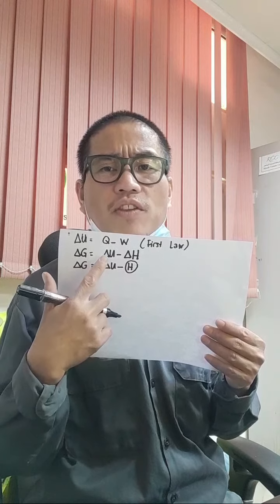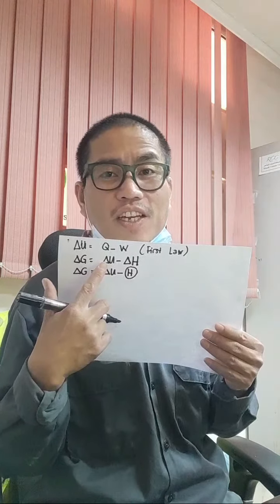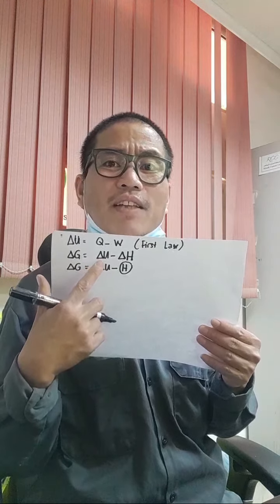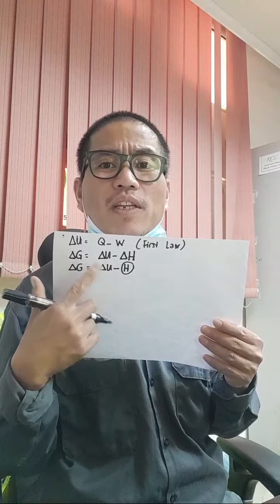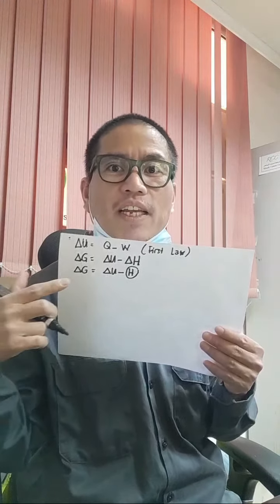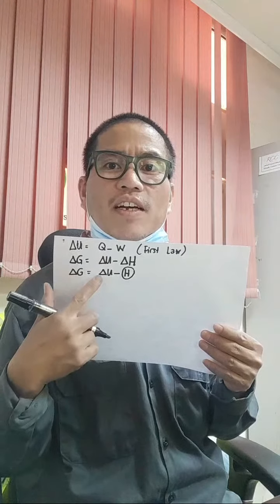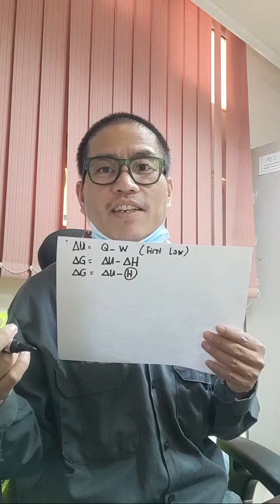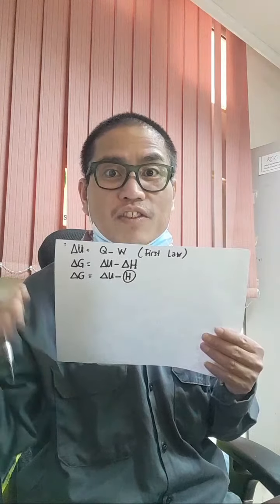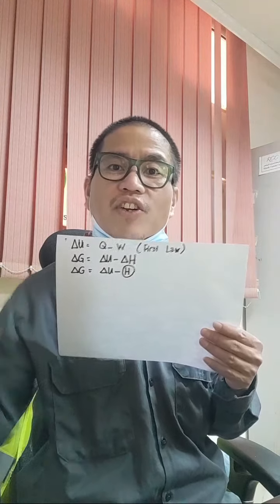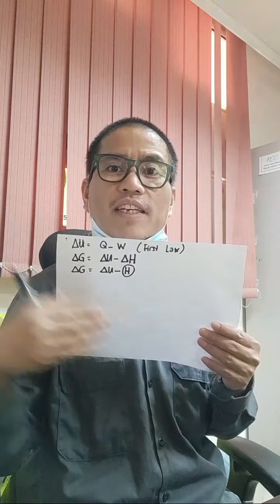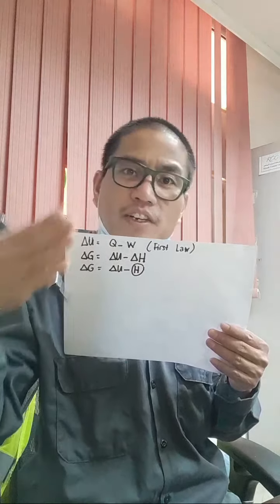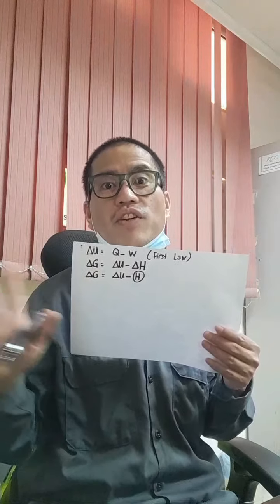Same also with the change in internal energy. If there's no change in internal energy between the first system and the second system, it's only internal energy. The delta here represents the changes only. If there's no change, then just have it as internal energy, or as heat or enthalpy, or Gibbs free energy, if there are no gradients.